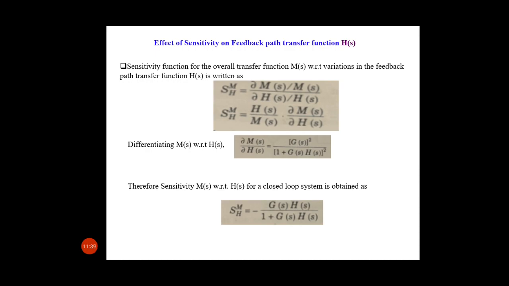Putting this value in the sensitivity equation, we get the sensitivity of M(s) with respect to the feedback path transfer function as minus G(s)H(s) divided by 1 plus G(s)H(s).